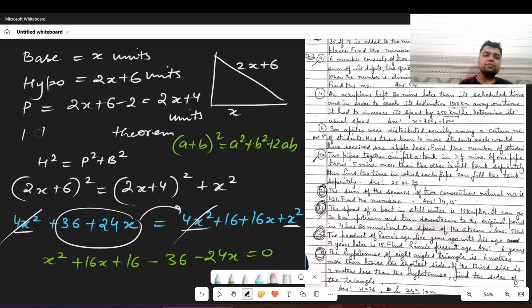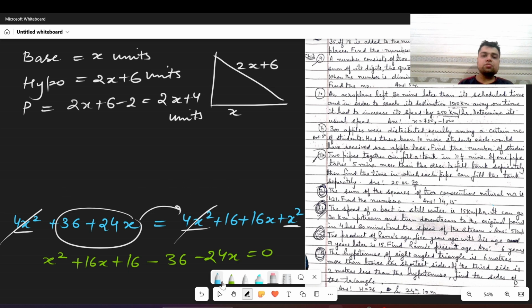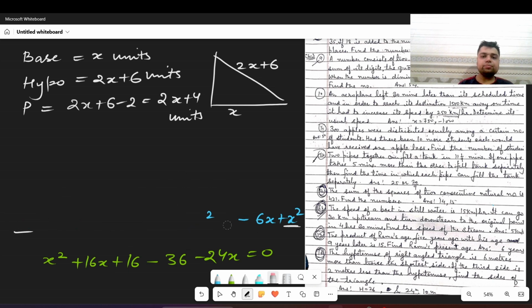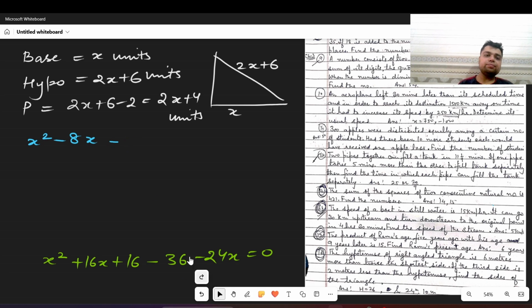Let's erase this. So now x square plus 16 minus 24 will be minus 8x, and this will become minus 20, is equals to 0.